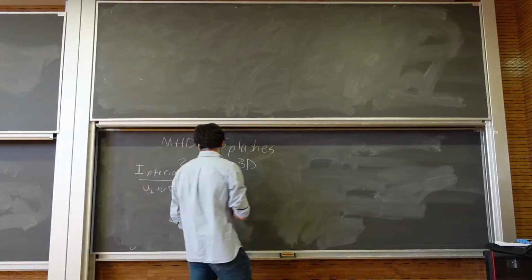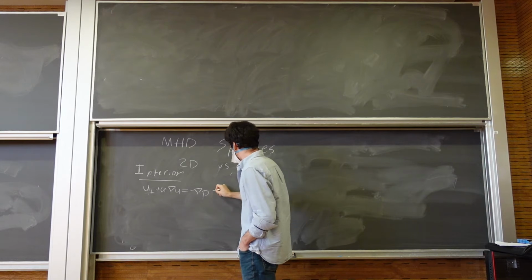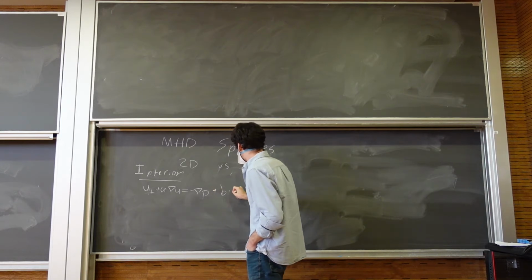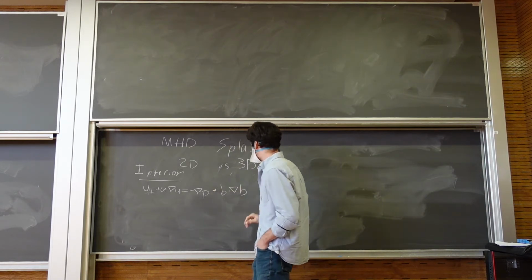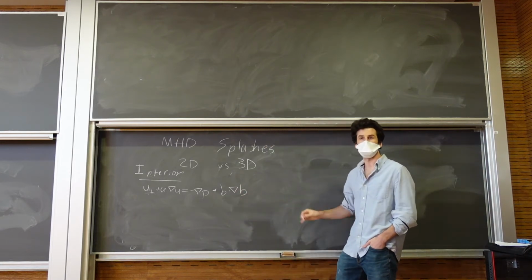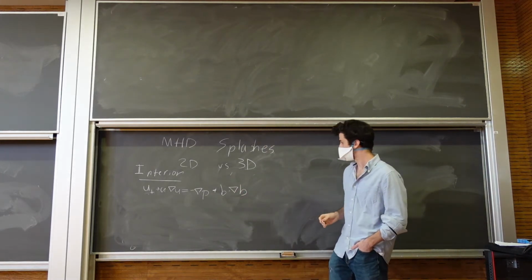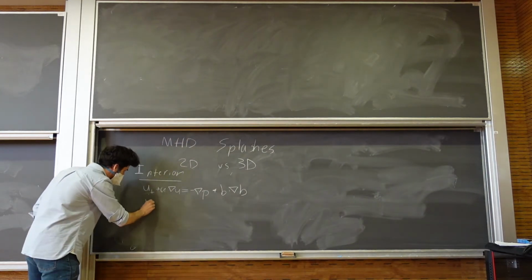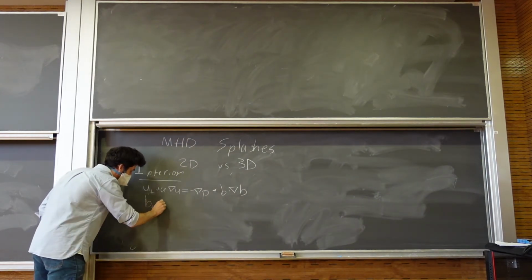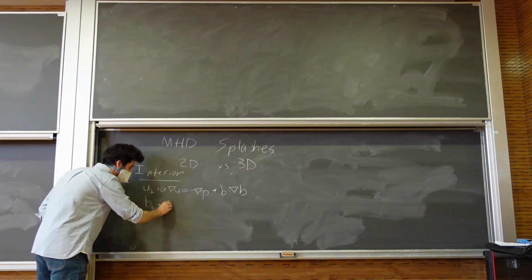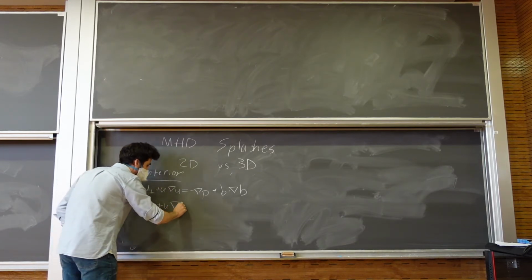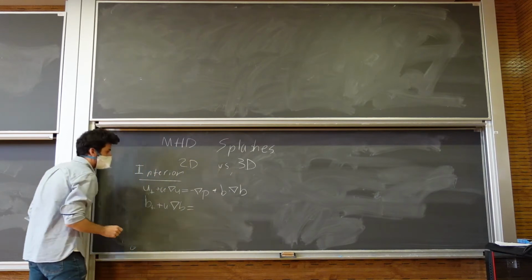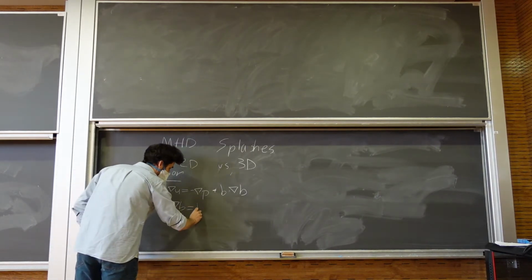But then, unlike typical Euler, I have this b dot grad b term. So there's a magnetic field in the interior, and it's influencing the velocities. And in turn, I've also got the magnetic field equation, b. So I get the time derivative of b plus u dot grad b, and that is going to be equal to b dot grad u.